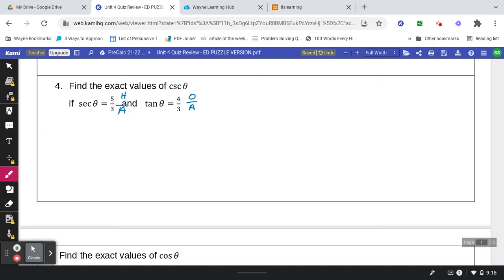So I can go directly into the problem, cosecant. Cosecant, remember, is H over A. Sorry, that's not right. H over O. And so our final answer would be 5 over 4.